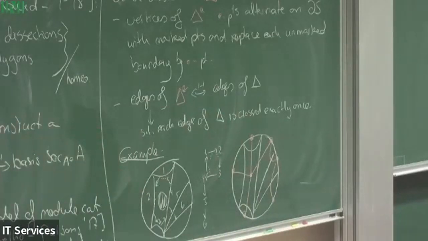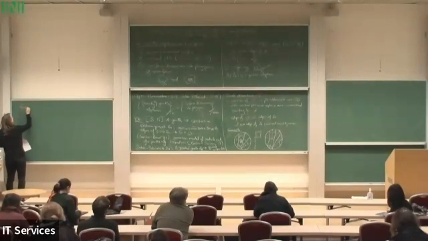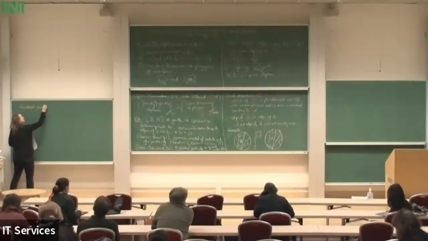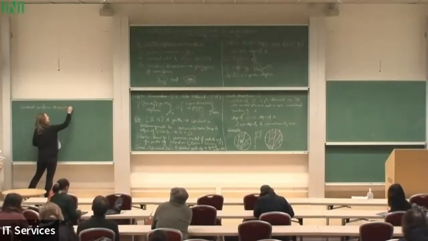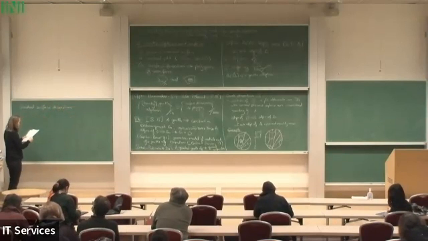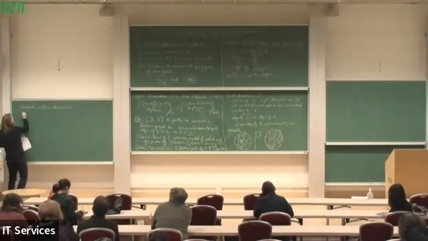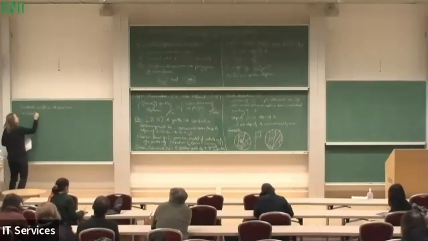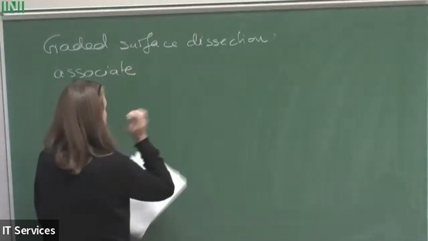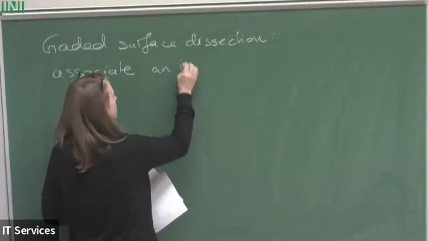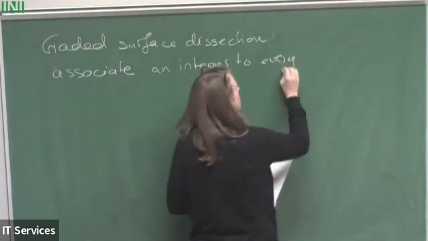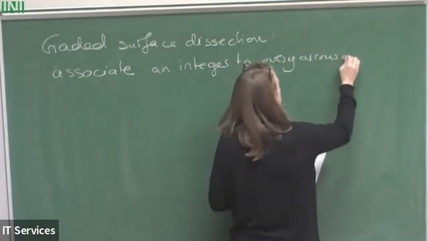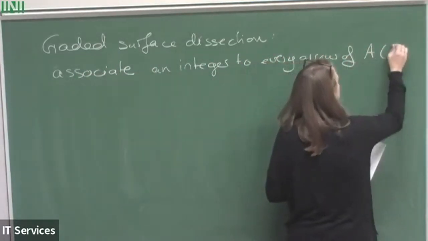So this is the dissection. And now, what is a graded surface dissection? It is simply associating a grading to each pair of consecutive edges, which is equivalent to associating an integer to every arrow of the algebra here.